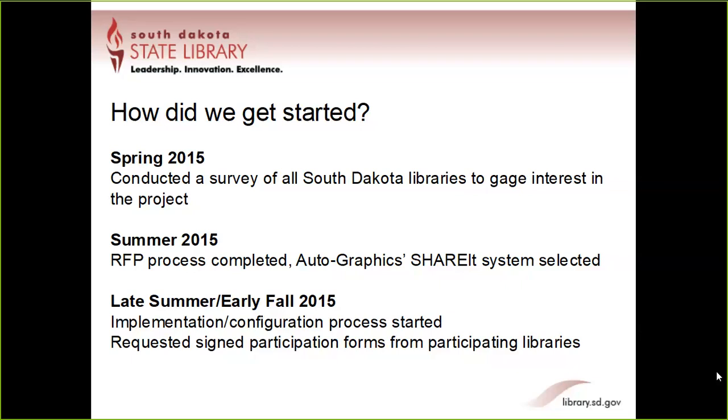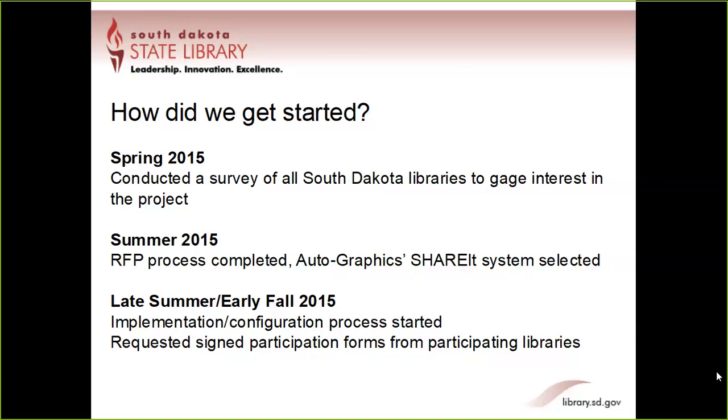And we had a really good response to the survey. We had over 100 positive responses and just about 20 negative ones. So we decided to go ahead, and we drafted and put out an RFP that summer, and that's when we got our responses back to that, and we decided to go with Autographics' Share It product.